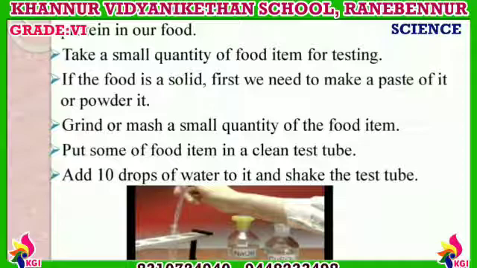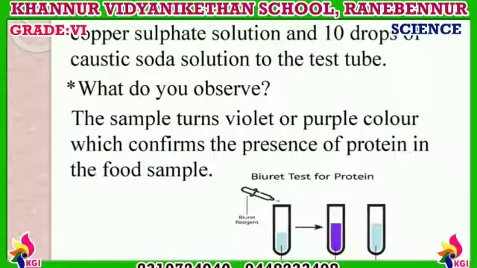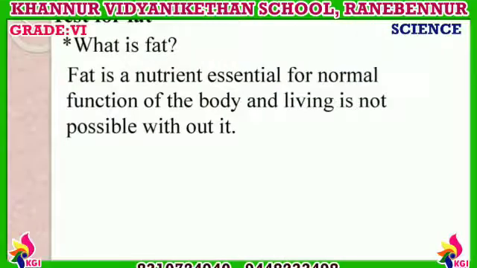Put some of the food item into a clean test tube. Add 10 drops of water to it and shake the test tube. Now, by using a dropper, add 2 drops of copper sulfate solution and 10 drops of caustic soda solution to the test tube. Then you have to observe if the food item turns violet or purple color, which confirms the presence of protein in the food sample.